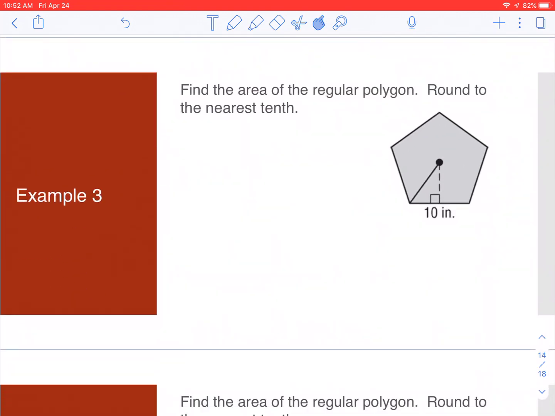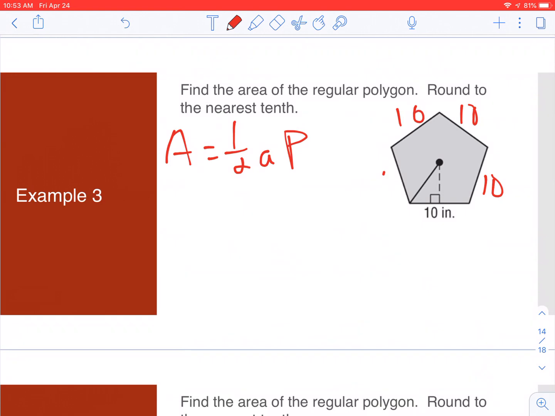Here's our first shape. So area equals 1/2 apothem times perimeter. Okay, so do we have perimeter? Well, we know that each side is 10, right? It's a pentagon, 5 sides, 10 times 5 is 50.